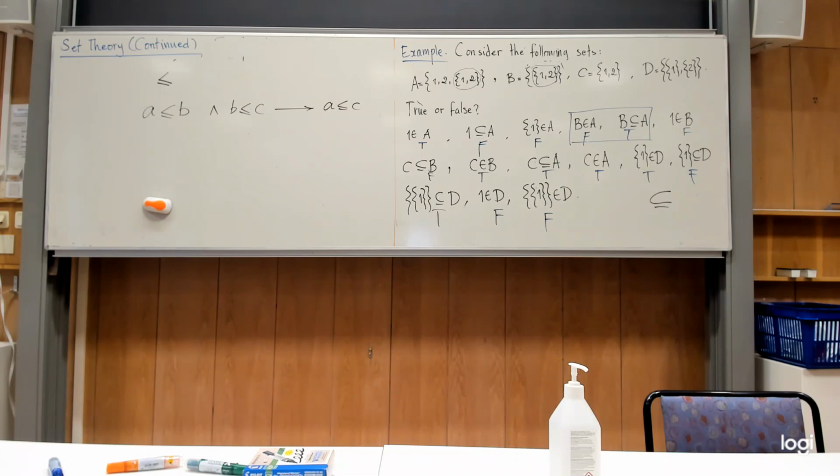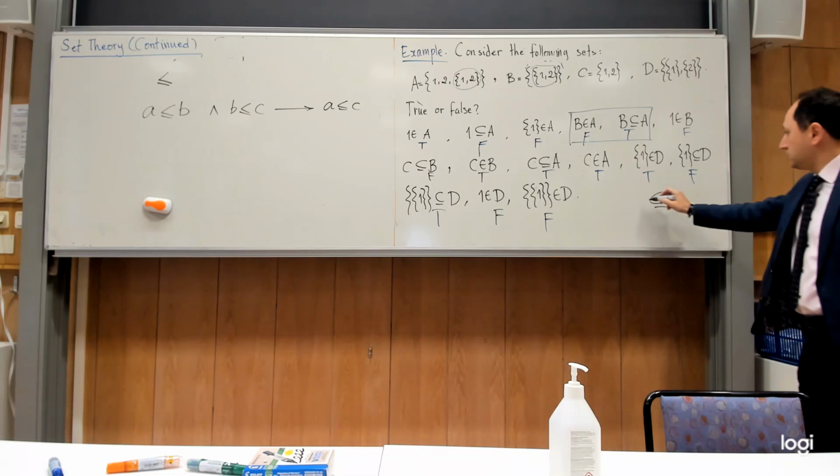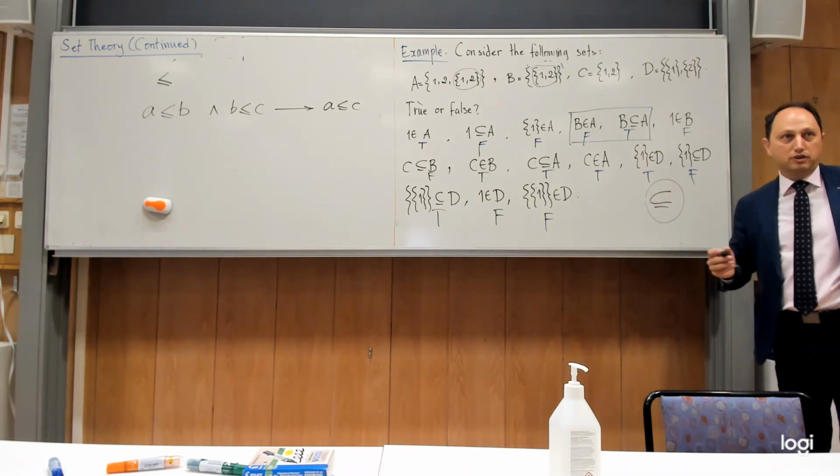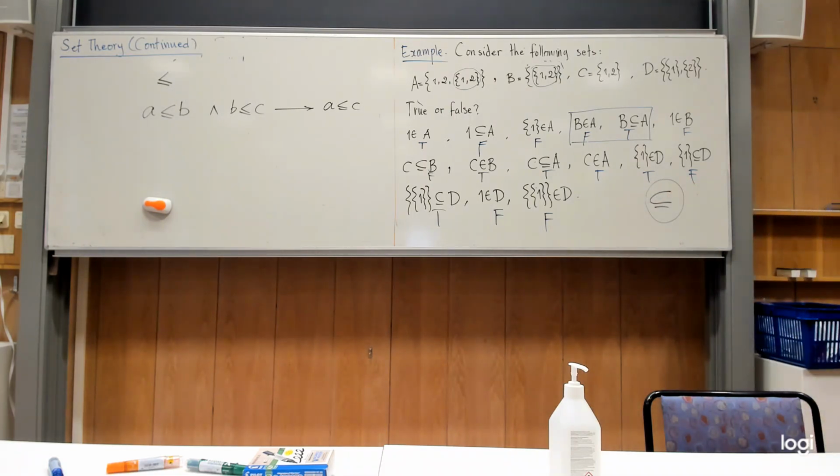Being reflexive means every element should be in relation with itself, according to that relation. I am concentrating on being a subset as my relation. Is it a reflexive relation or not? Yes, it is. Because every set is a subset of itself.